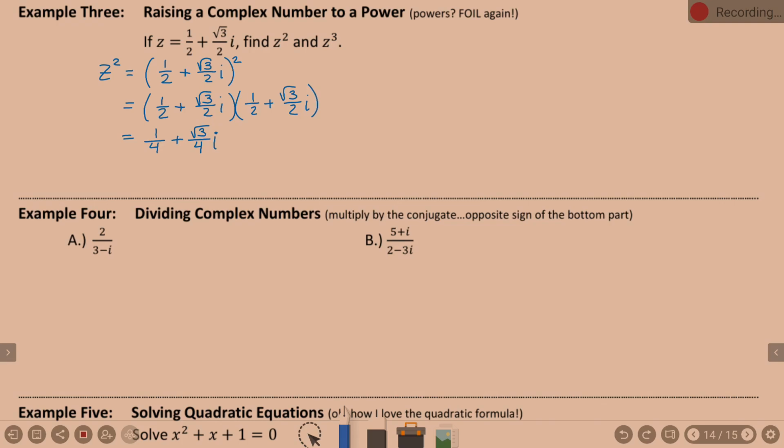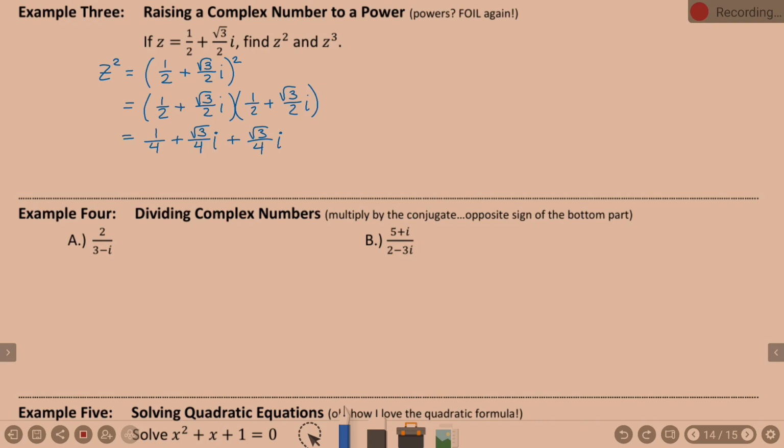Those were your outsides. What about insides? Same thing. It's square root of 3 over 2i times 1/2. Again, 1 times square root of 3 over 2 times 2 times i. So square root of 3 over 4i.